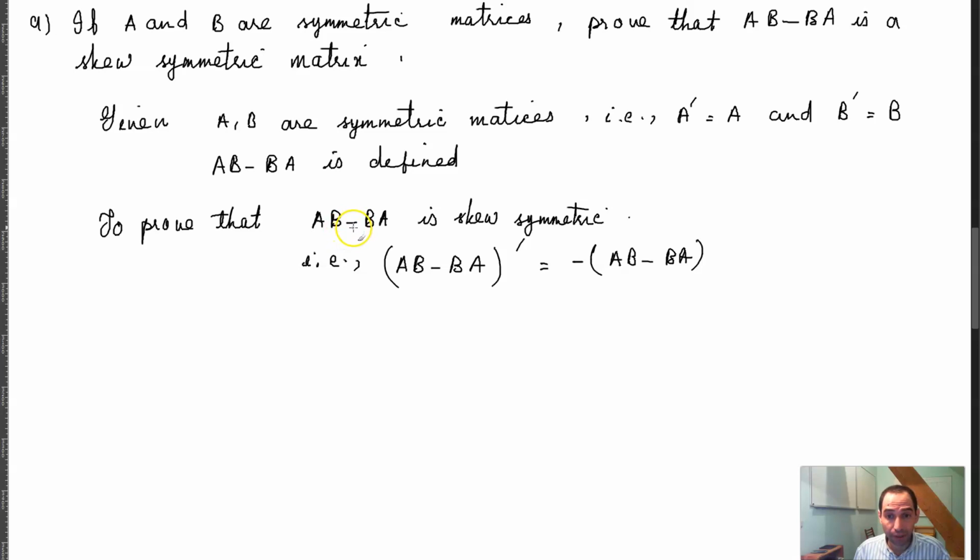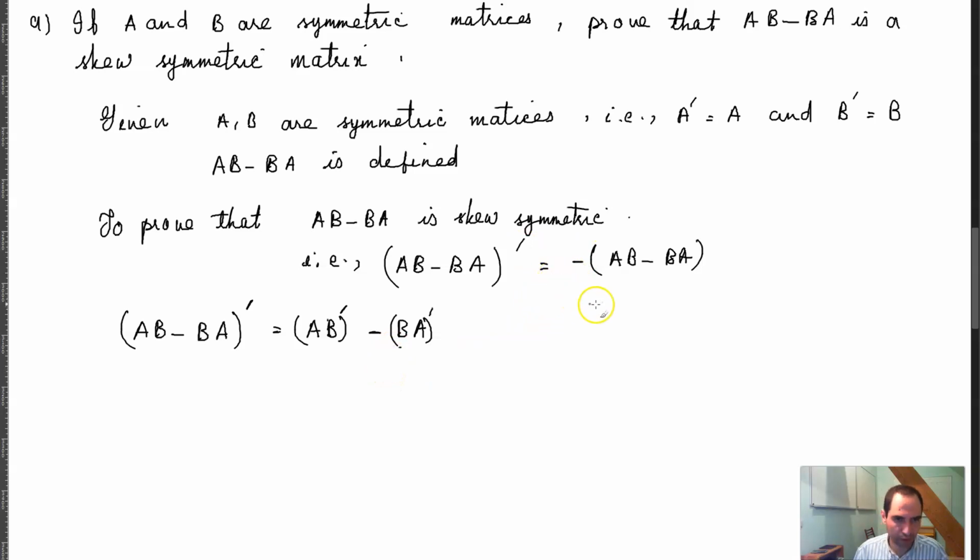Now, if I have AB minus BA as a matrix, and if I take the transpose of that, I will get (AB) whole prime minus (BA) whole prime.